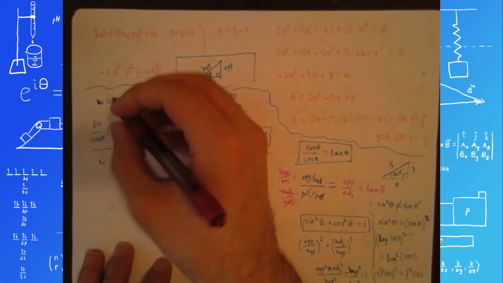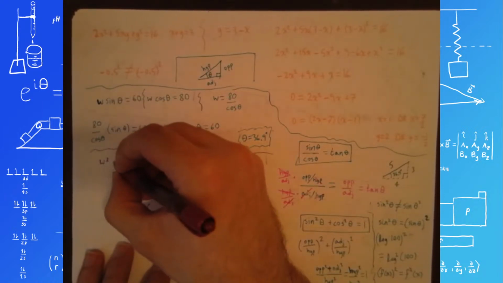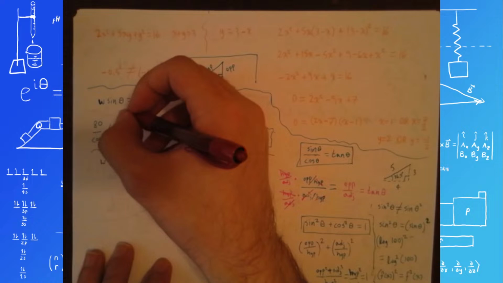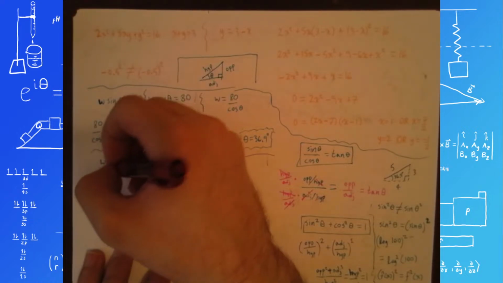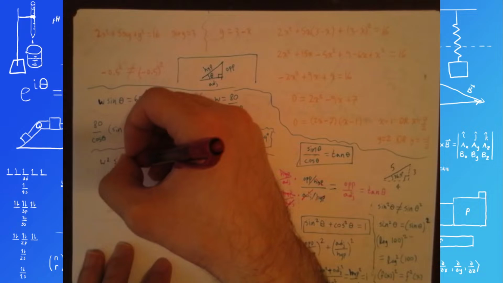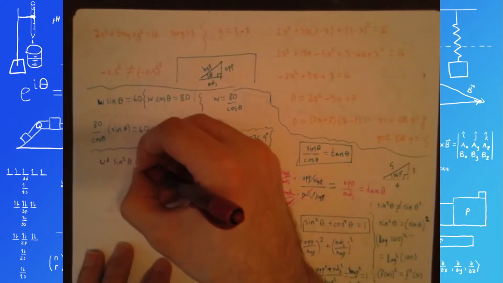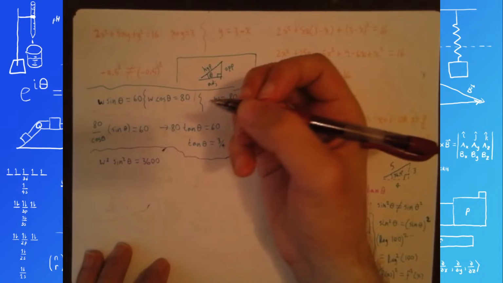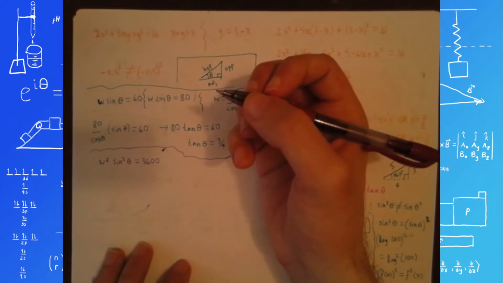If I do w squared sine squared of theta, the square of w sine theta is w sine theta times w sine theta, which is w squared sine squared, and that equals 60 squared, which is 3600. Or I could keep it as 60 squared, it doesn't really matter.